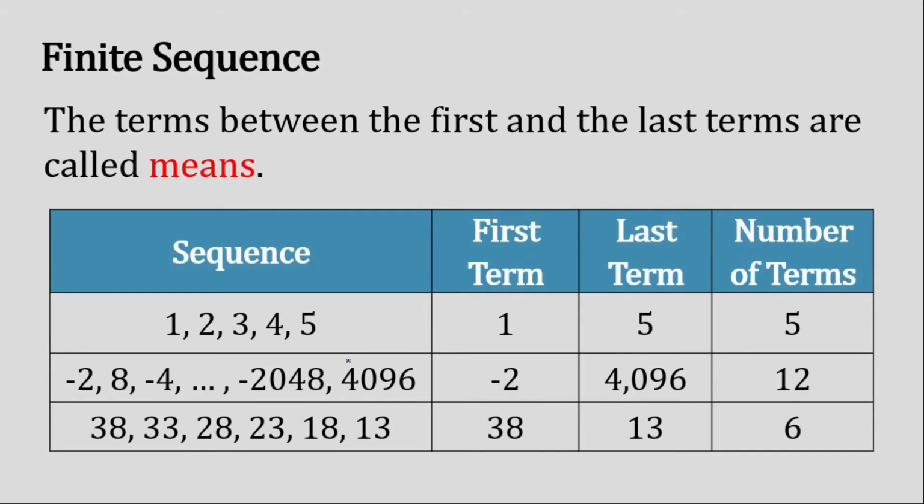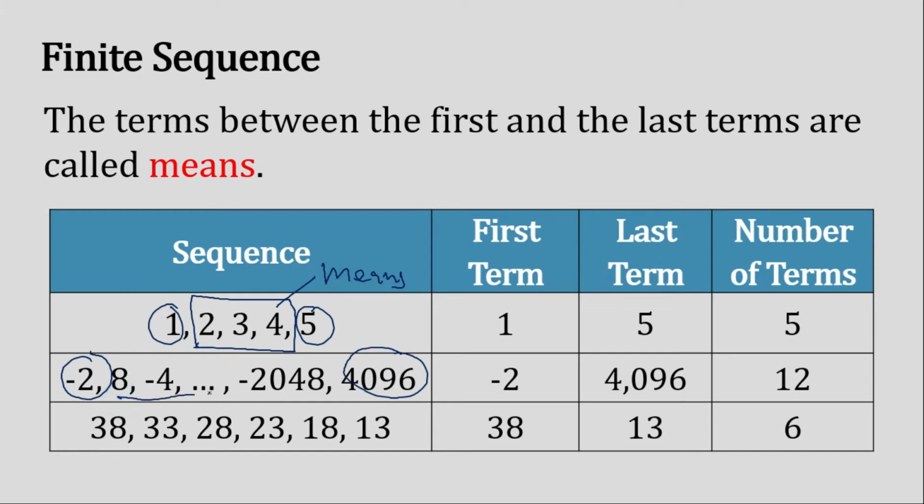The terms between the first and the last terms, or between the extremes, are called means. We know that 1 and 5 are the extremes, therefore 2, 3, and 4 are the means. In this case, the extremes are negative 2 and 4096.